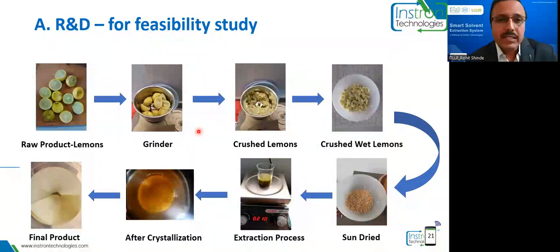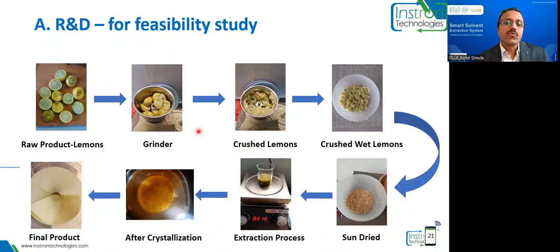At Instron Technologies, we have R&D capabilities, and I'll take you through a few extraction examples. We worked on the extraction from lemon peels, or waste lemon, where we carried out various trials. You can see the pictures. We crushed and ground it, and again did trials with different solvents and different temperatures. After crystallization, we got the flavonoids.